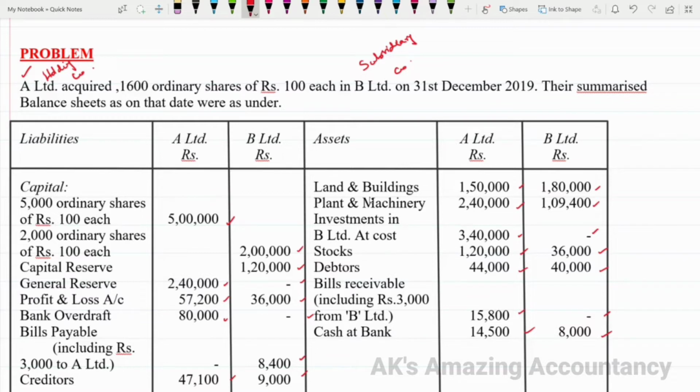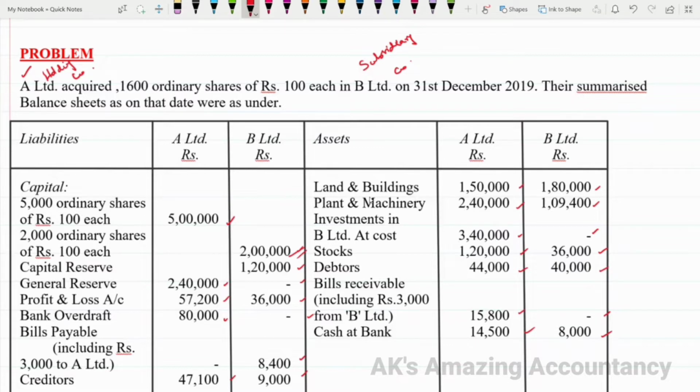Now, for the purpose of calculating the holding minority ratio, you have to look at the share capital of the subsidiary company, that is B Limited. What is given here? 2000 ordinary shares of rupees 100 each, 2 lakhs. You all know very well that ordinary shares and equity shares are one and the same.